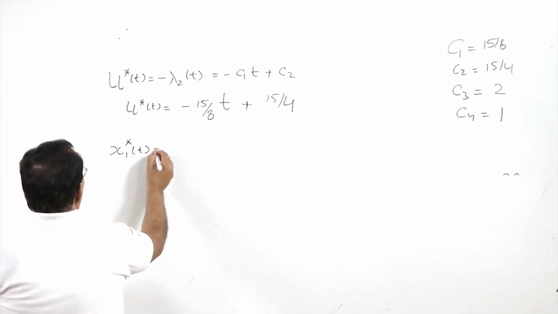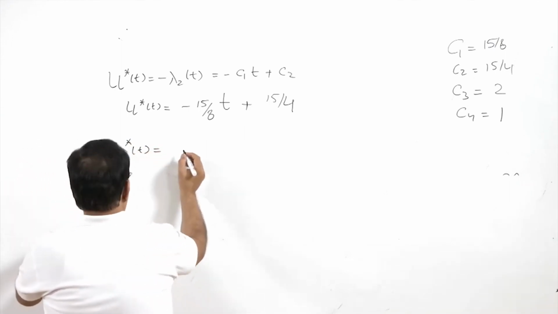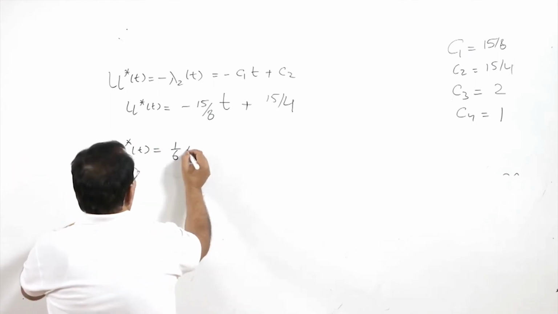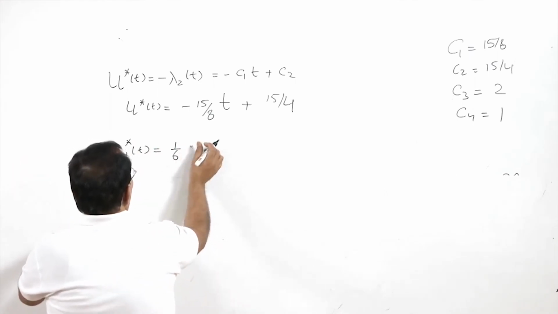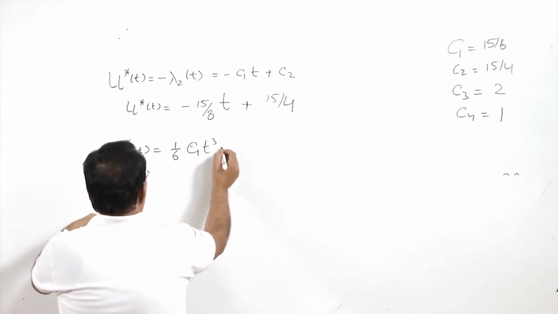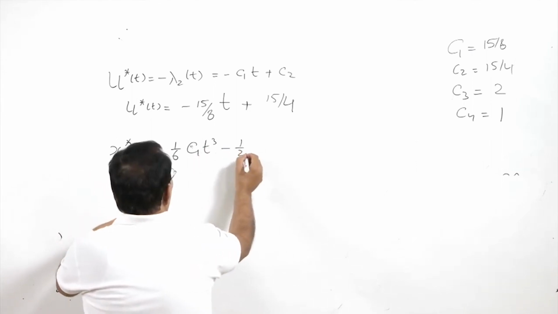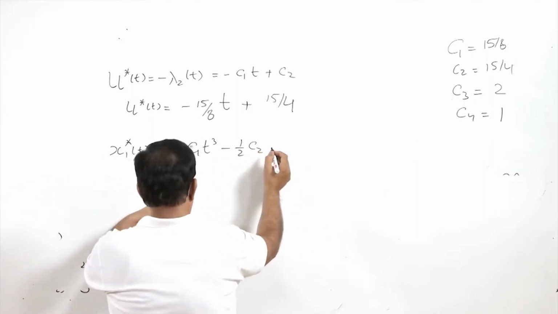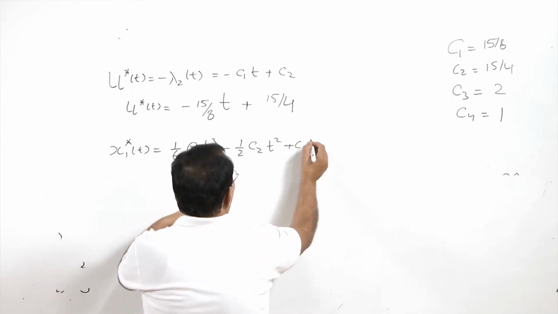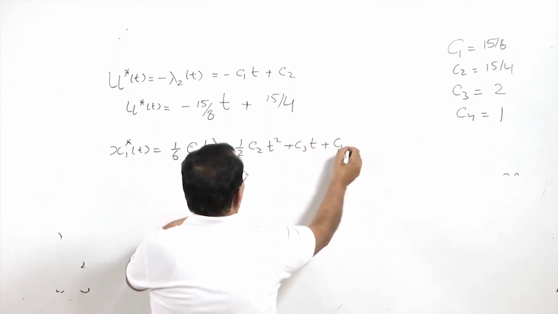x1(t) is given as 1 by 6 C1 t cube minus 1 by 2 C2 t square plus C3 t plus C4.